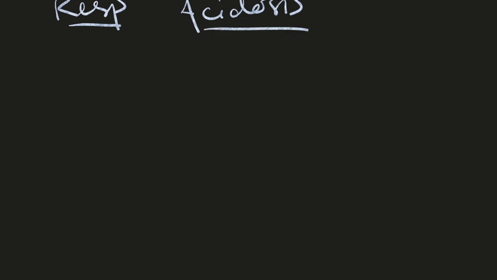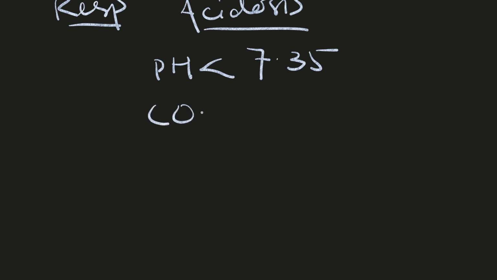So it's acidosis. The pH must be less than 7.35. It is respiratory. The culprit will be CO2. CO2, we already know that it is an acid. So, to make the pH more acidic, what will happen in the blood?